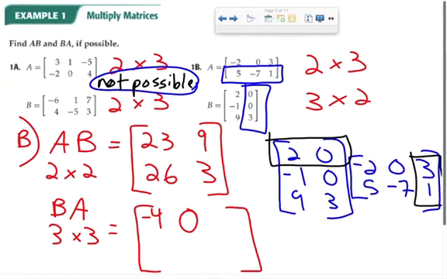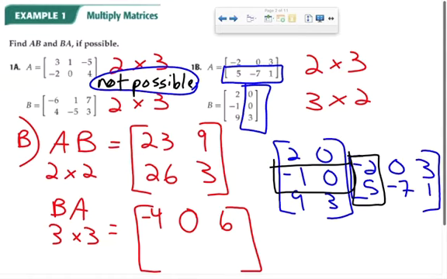Next, 2 times 3 is 6, plus 0 times 1 is 0, so that's 6. Next row, negative 1 times 2 plus 0 times 5. So that's negative 2.